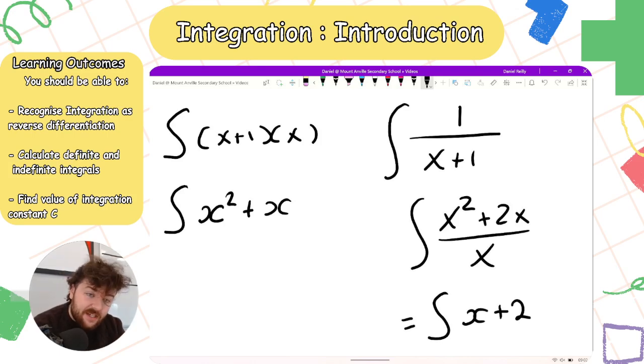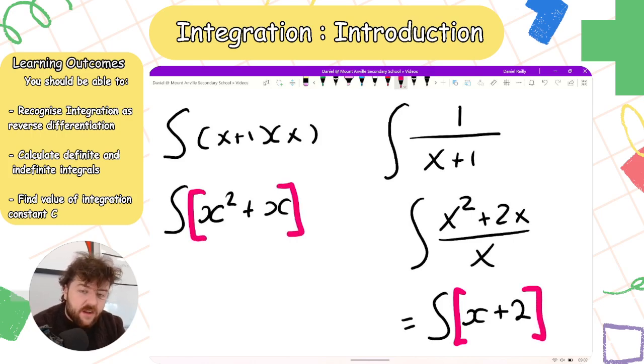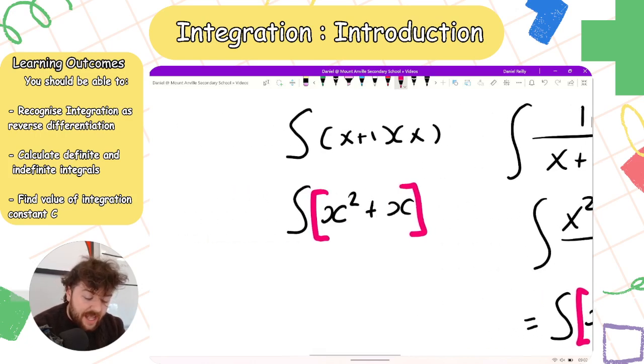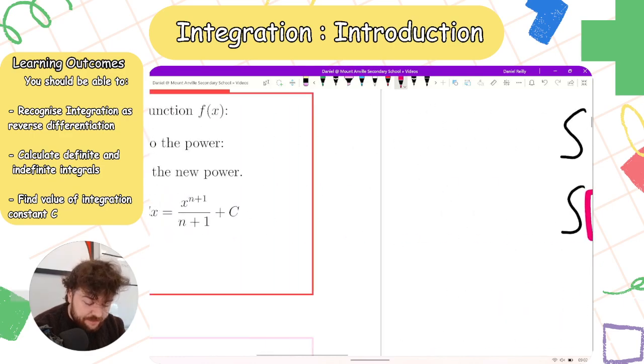And I can integrate that. So all I'm saying is you need to make sure your expression is in regular polynomial notation, multiplied out. If we have any brackets, multiply them out. And if you have any fractions, make sure you try and simplify, or else you cannot do it.